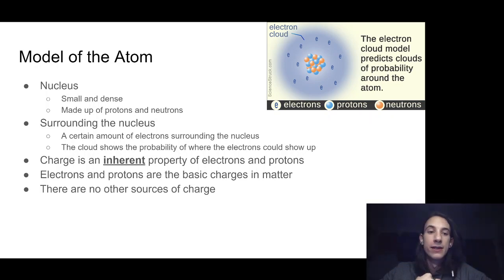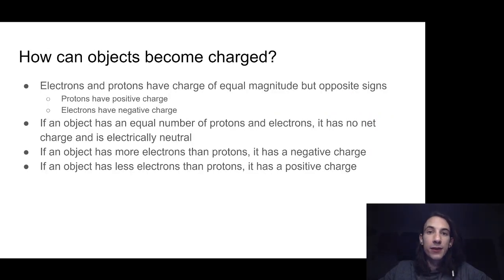They just have it. So electrons and protons are really the basic charges in matter. If anything is charged, it's because of these electrons and protons. There are no other sources of charge. The charge has to come from electrons and protons. And if we're thinking about how objects can become charged, it's because of this balance of electrons and protons.